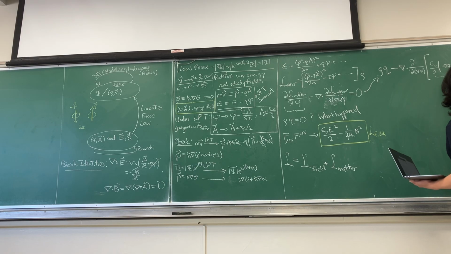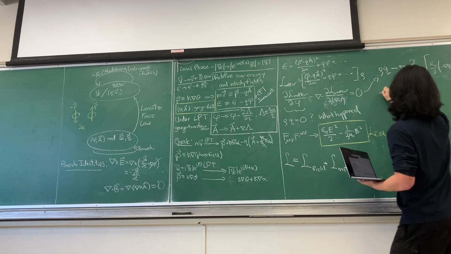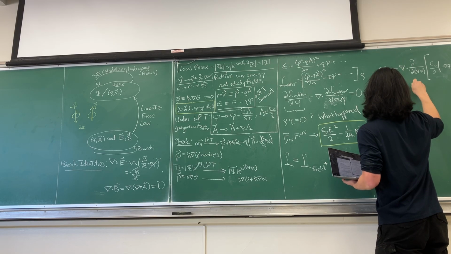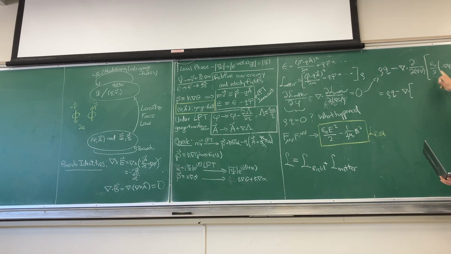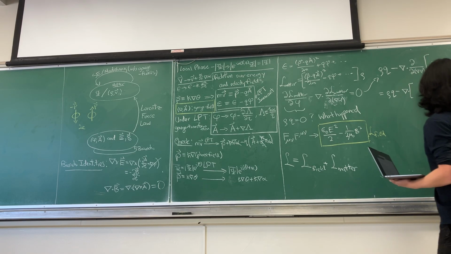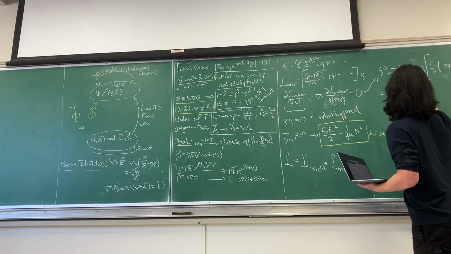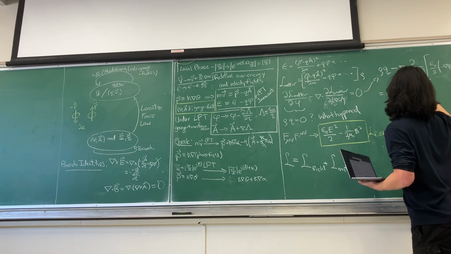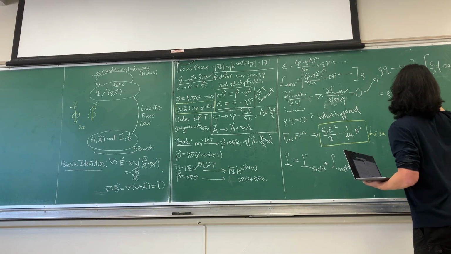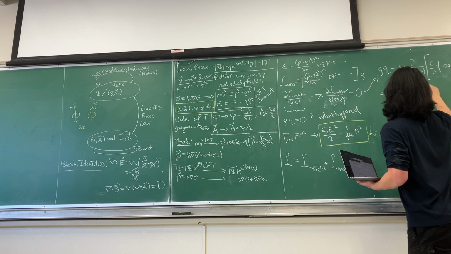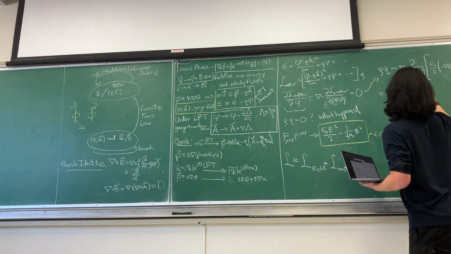This becomes rho q minus divergence of, what is it going to be? Minus divergence of, what is this? Gradient phi, right? Yeah. This is minus divergence of minus gradient phi times epsilon naught. Yeah.